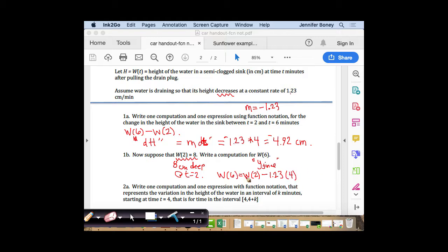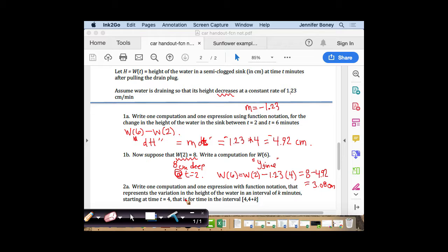But I also know that this is 8 minus 4.92, so whatever that is, 3.08, and this is centimeters. So you can find this y final by doing y initial plus the change, which in this case happens to be a negative change. Oh, sorry, that was an at t equals 2 that got swirly. Sorry about that, a little messy.